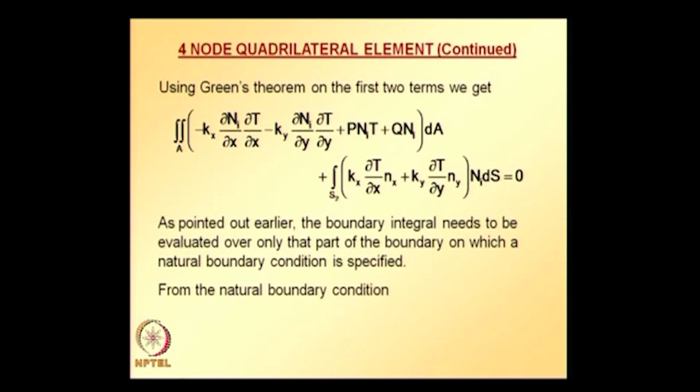From the natural boundary condition, the line integral, that is the boundary integral over S2, can be rewritten using this boundary condition, that is k_x times the partial derivative of T with respect to x times the x component of the normal, plus k_y times the partial derivative of T with respect to y times the y component of the normal, is equal to minus (alpha T plus beta).